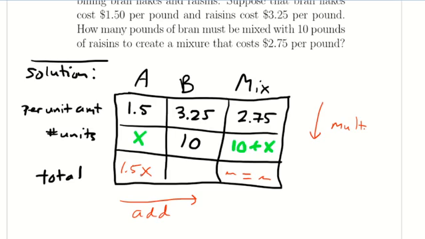So let's simplify first by distributing 2.75 times 10 and then 2.75 times x. We already have a simplified left-hand side of the equation. Now I'm going to subtract 1.5x from both sides and 27.5 from both sides.